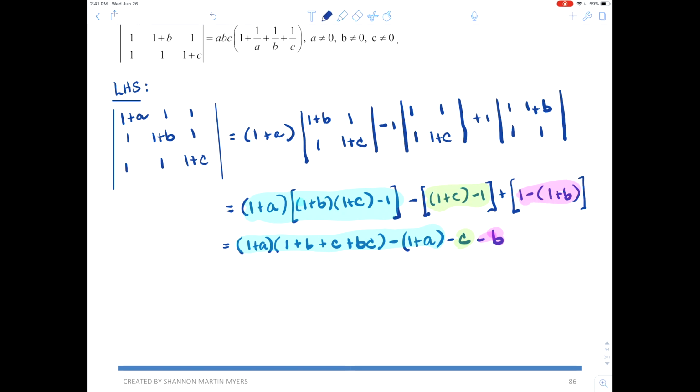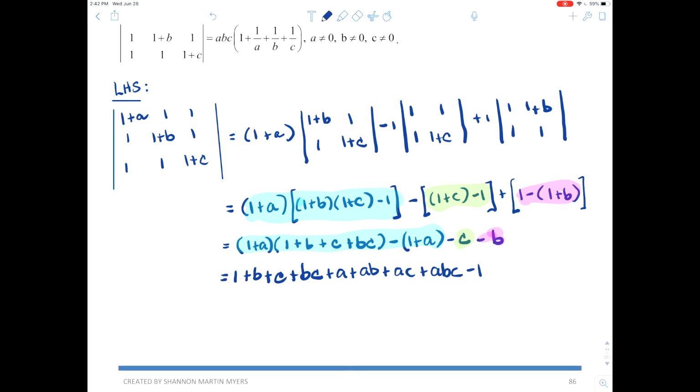Cool? All right, so then still cleaning it up a bit, we're going to end up with 1 plus b plus c plus bc, multiplying the 1 throughout. And then we're going to have plus a plus ab plus ac plus abc.